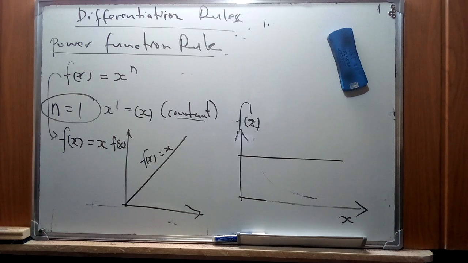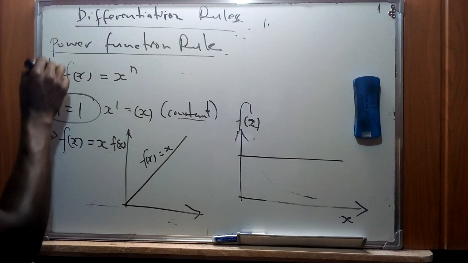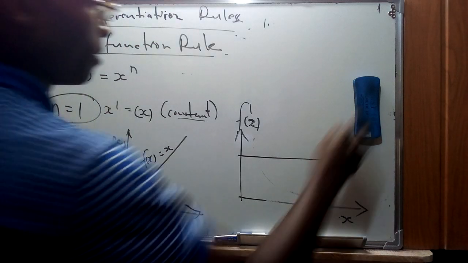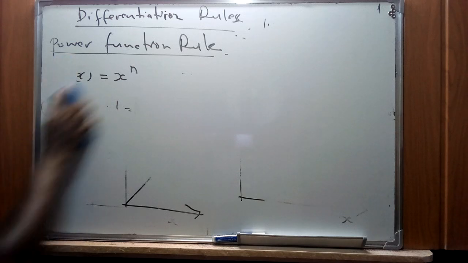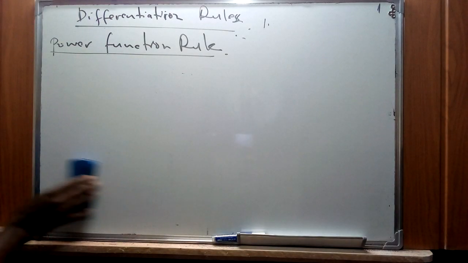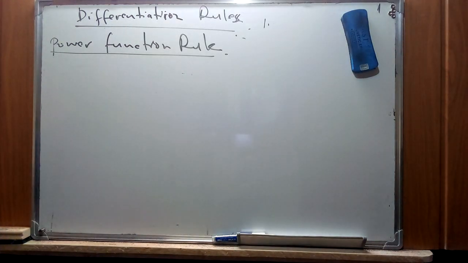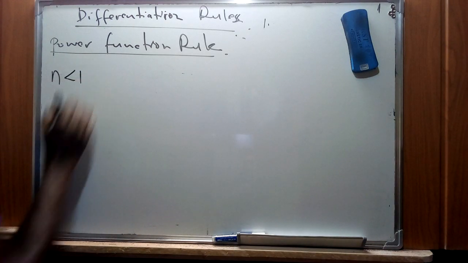Now suppose n is smaller than 1. So this was scenario B. Now we're going to see the last scenario, n smaller than 1, and try to see using a graphical representation how the derivative of that function is going to behave.